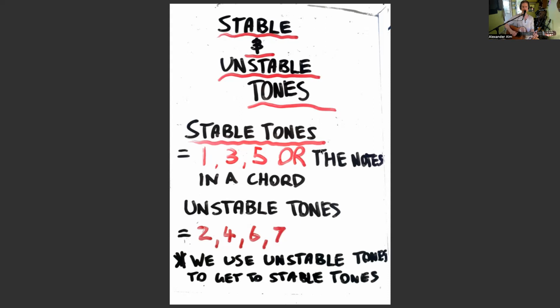C, D. D, the second tone in C major, needs to go somewhere, maybe to E. This note sounds so nice. But if I go back to D, it needs to go somewhere stable because I'm building all this tension. Then to C.